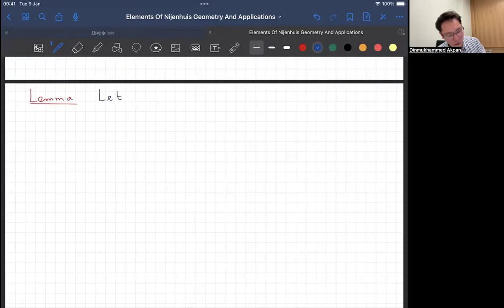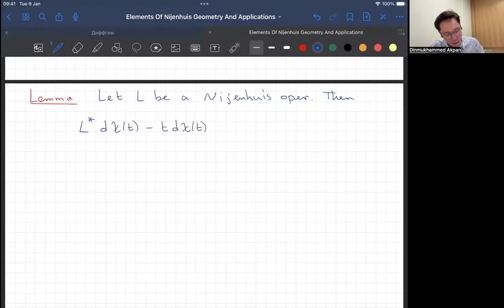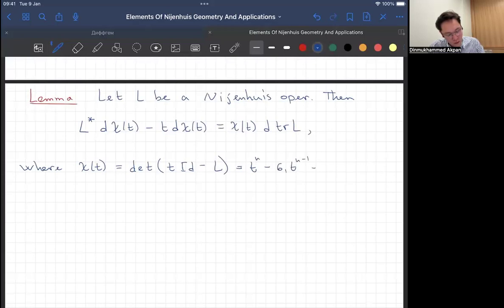Lemma. Let L be a Nijenhuis operator. Then we have L_ξ(d_t) minus t d_ξ(t) equals ξ(t) d trace L, where ξ is the characteristic polynomial of this operator, that is, det(t identity minus L) equals t to the power n minus sigma 1 t to the n minus 1 plus etc., minus sigma n.